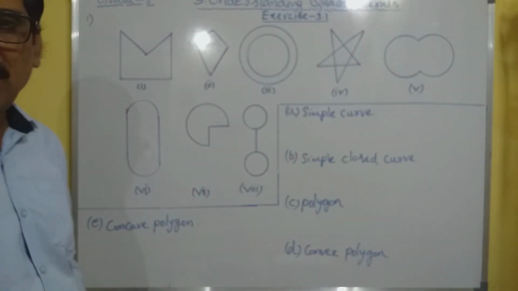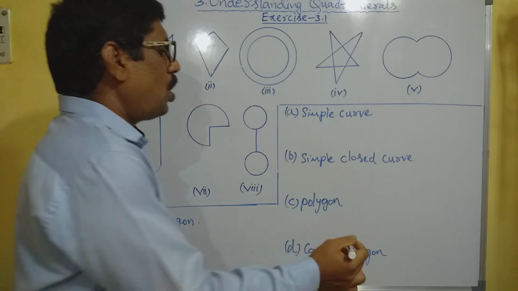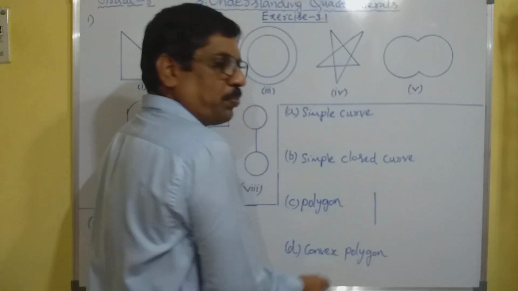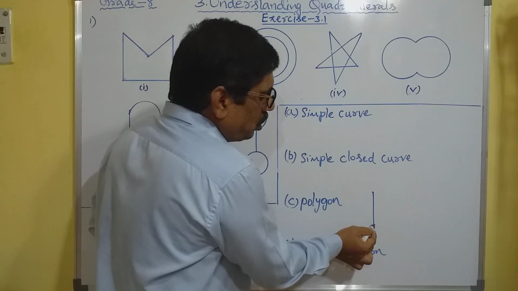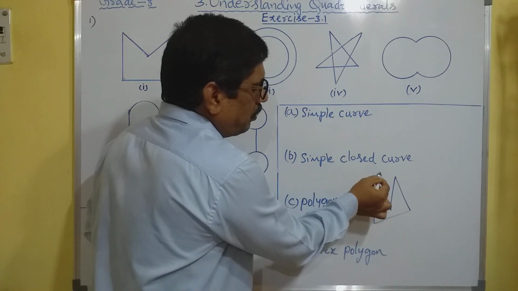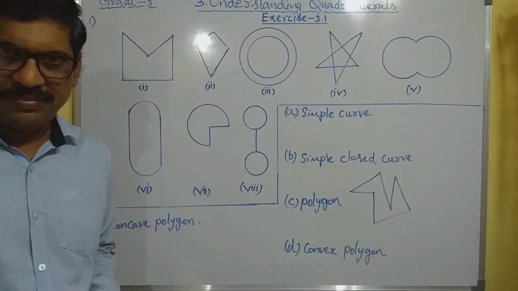Now the simple curve. What is meant by a simple curve? If you start drawing some figure, I have started at this point. If you come to this starting point without touching the line at any other point, then it is called a simple closed figure.